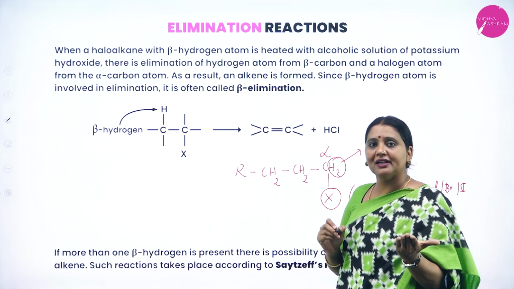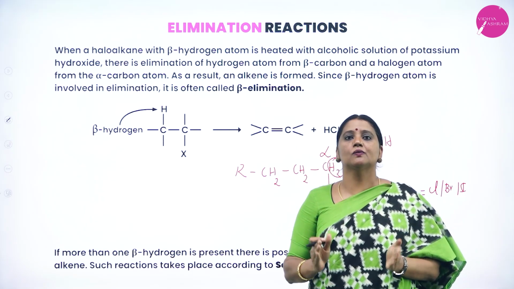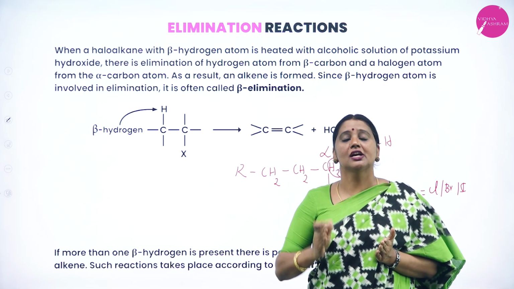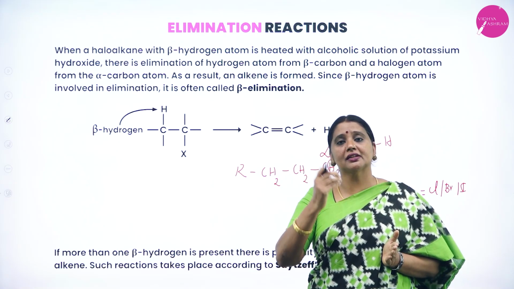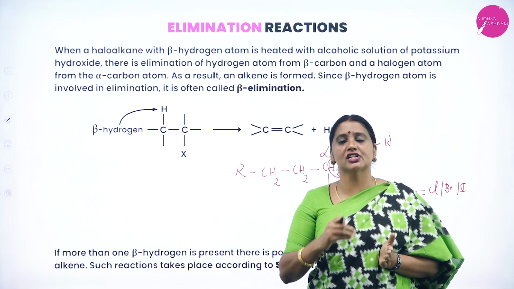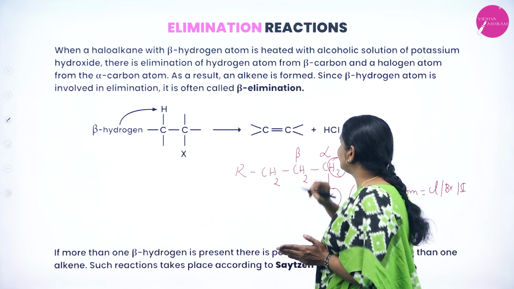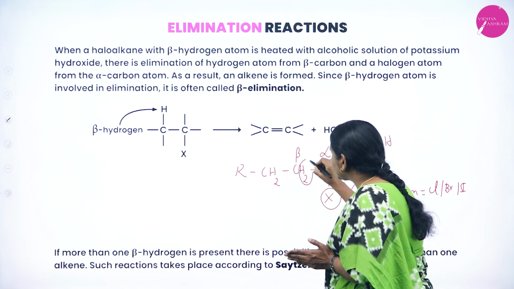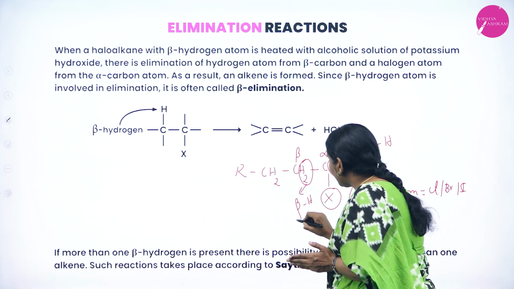Once again, my dear students, the carbon atom to which the halogen atom or functional group is attached is called the alpha carbon. The hydrogen atoms attached to the alpha carbon are known as alpha hydrogen. The next carbon is called the beta carbon. The hydrogen atoms attached to the beta carbon are called beta hydrogen.